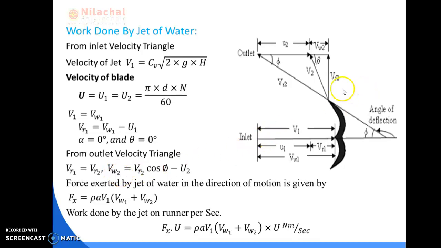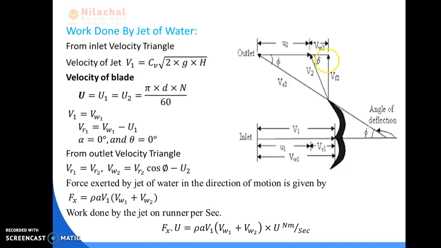How do we get that? So this is the triangle. We have to find out the value of Vw2. In this triangle, Vr2 is the hypotenuse H and this is the base B. So cos phi is equal to B by H, so cos phi is equal to Vw2 plus U2 divided by Vr2.